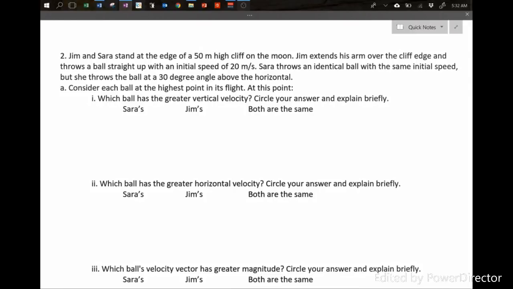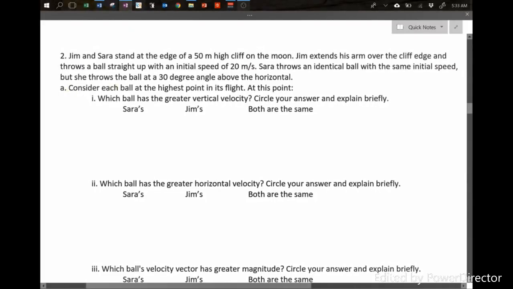So, let's talk about the greater vertical velocity. We have to decide who has the greater vertical velocity, but it's at the highest point in its trajectory. That's really, really important. At the highest point, which ball has the greatest vertical velocity?